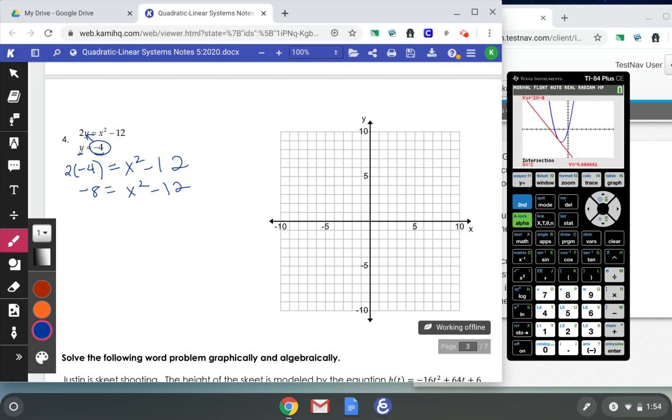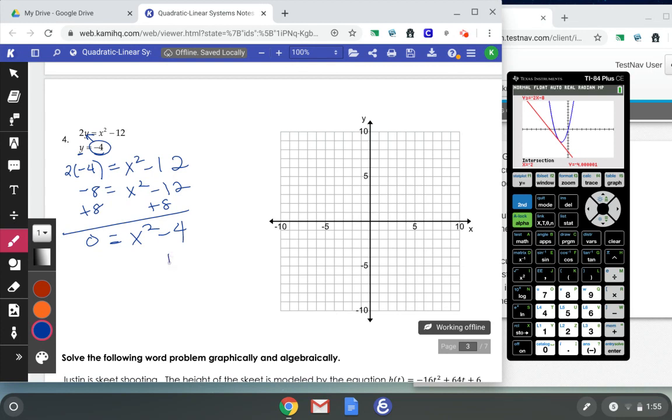So when I'm trying to get x by itself, I am going to bring everything to the one side. So I'm going to add 8 to both sides. I get 0 equals x squared minus 4. All right, so now I'm going to think, I don't have a b term, so I could solve this by square rooting.